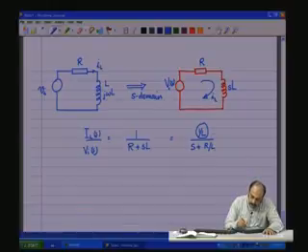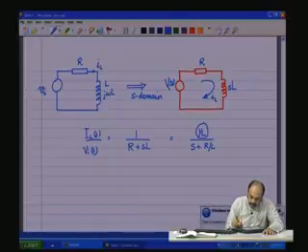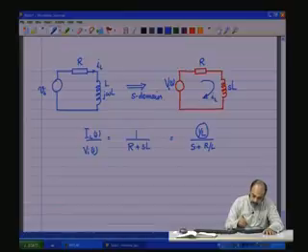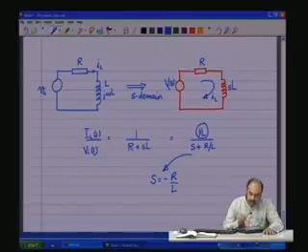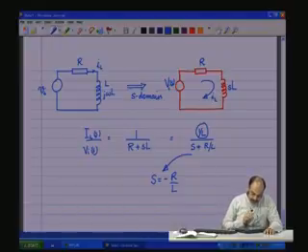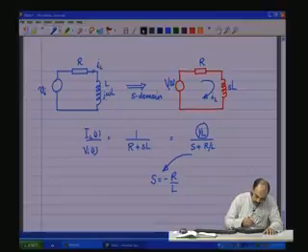In the denominator, there is a pole because there is a first order S coming into the picture, and the pole is at S equal to minus R by L.